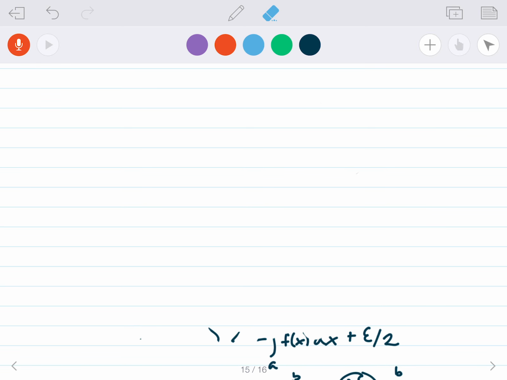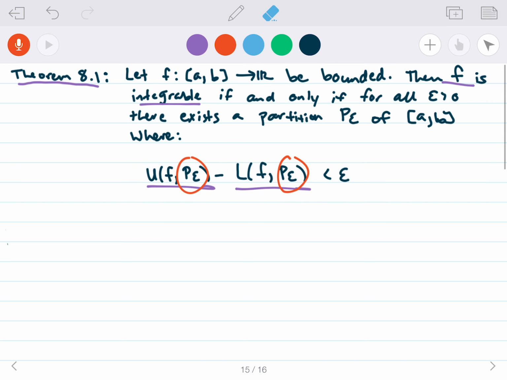Okay, I think that will be good enough. So let's do the opposite direction.